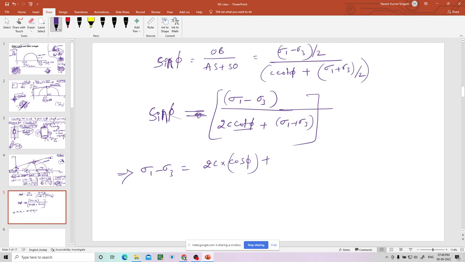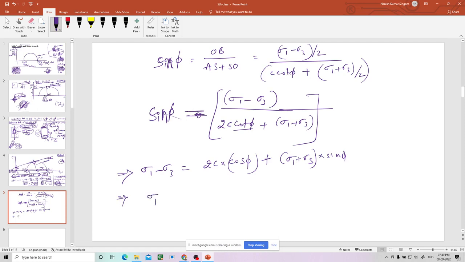Plus this sin phi is again multiplied to sigma 1 plus sigma 3 into sin phi, right? Now what do we do? We will take sigma 1 terms one side, sigma 3 terms one side. Let us take this sigma 1 term this side.